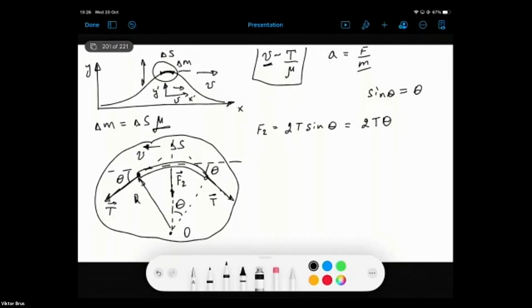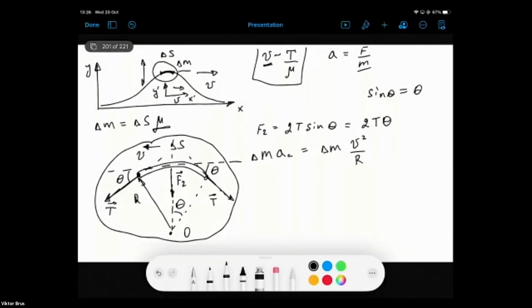And this centrifugal force will be the mass of the element of this string, let's call it delta m, times centripetal acceleration. That will be delta m times v squared divided by the radius of this curvature.